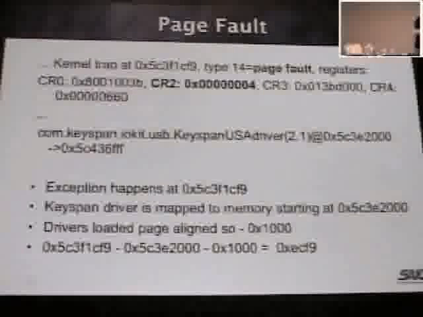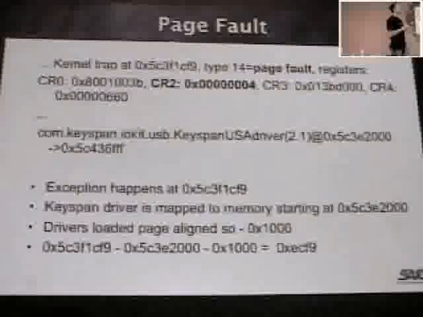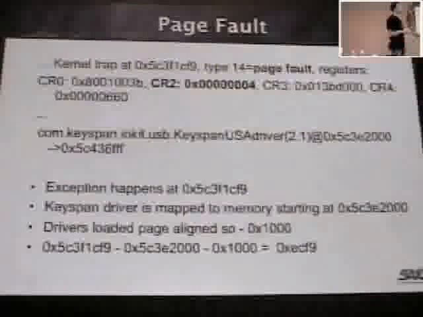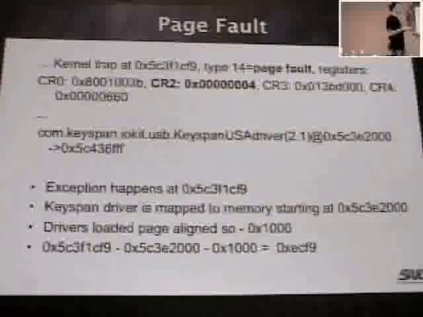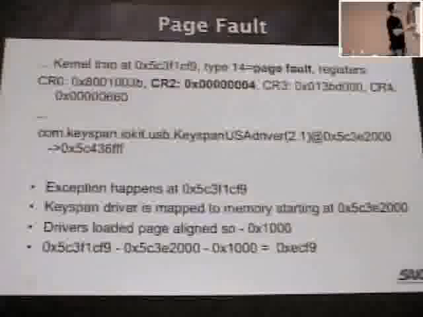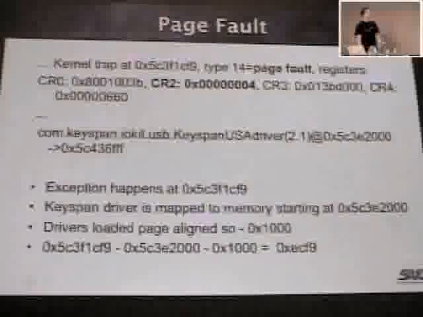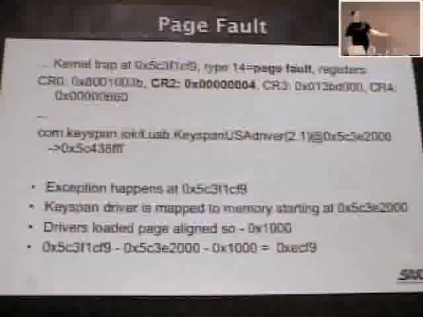Now, in the case of a page fault, the CR2 register tells us the address it tried to access. In this case, 4, right? Obviously bad. What we can do is map the runtime address where you crashed, this one right here, to an instruction address in the disassembly of the Keyspan driver. So you go find the Keyspan driver, open it in IDA, do a little math down here to find out the correct offset, and look up what's happening at that instruction.